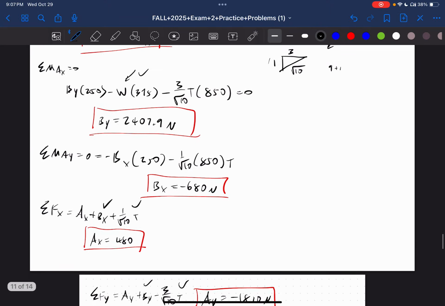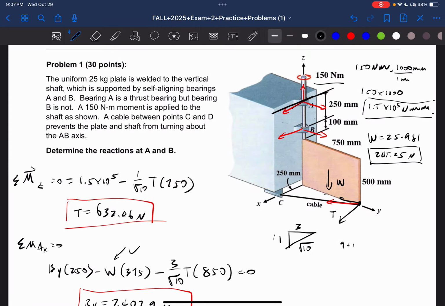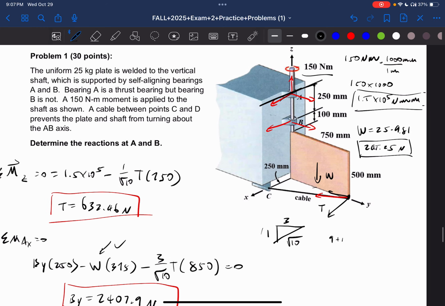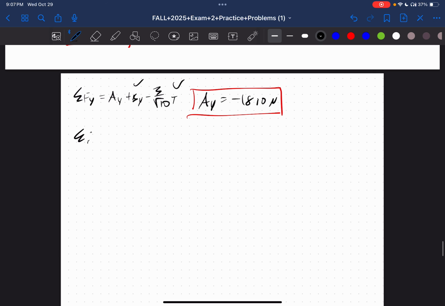And then the sum of the forces in the z direction, what do we have? It's going to be just this and this. So the sum of the forces in the z direction is equal to 0. And we're going to have the weight equal to A in the z direction.